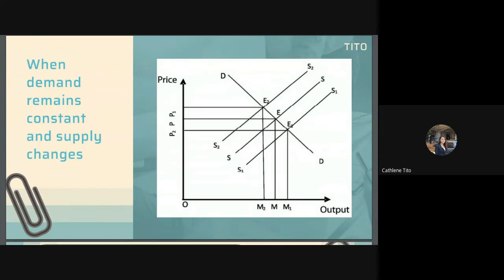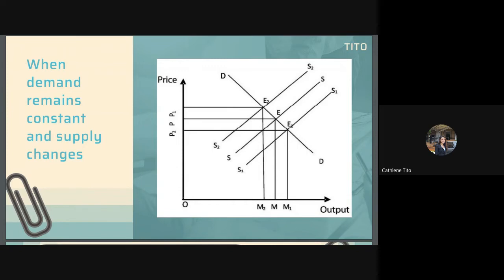in supply curve S. The positive shift is the one going to the right from S to S1, which results in an intersection that yields lower prices from P to P2 and an increase in output from M to M1.